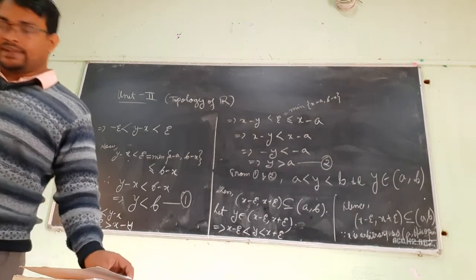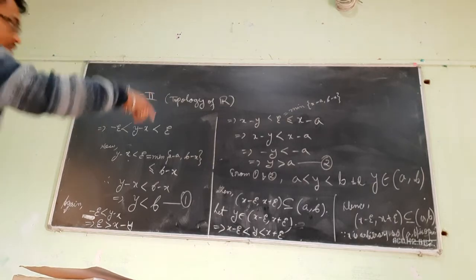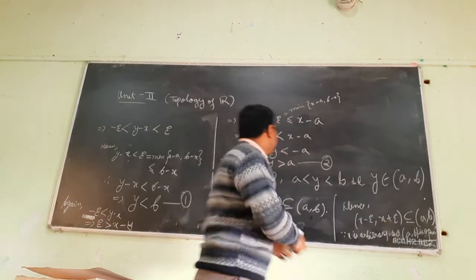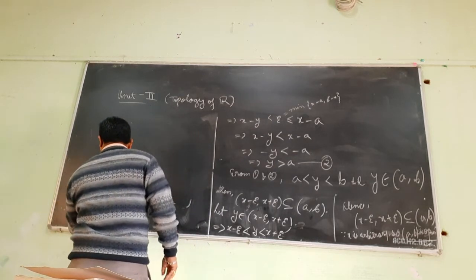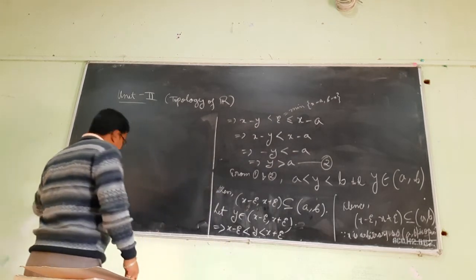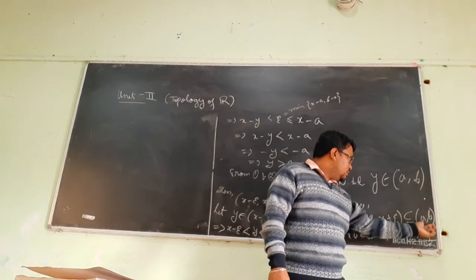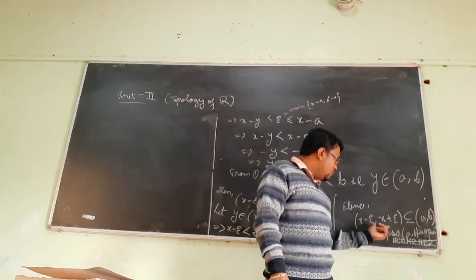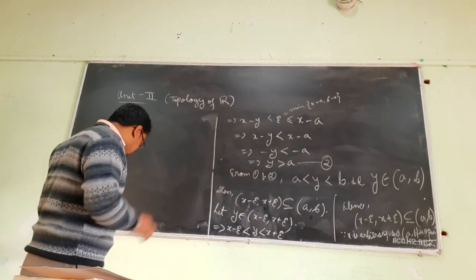So we will write another equivalent definition of open set. We can describe open sets using this interval concept also. We have seen whenever there is an interval, we can always get an interval of this type, x minus epsilon to x plus epsilon. So we can describe open sets using intervals only.